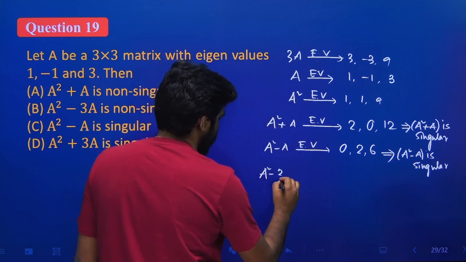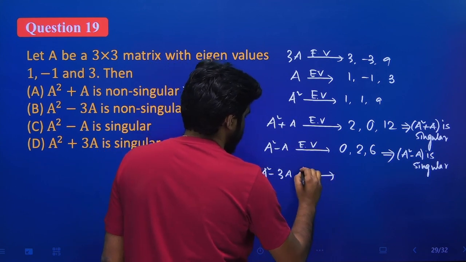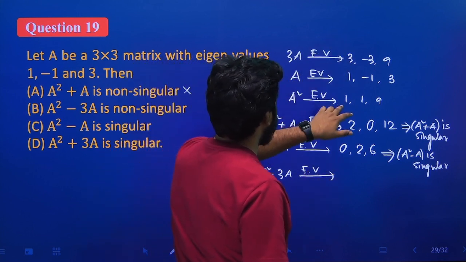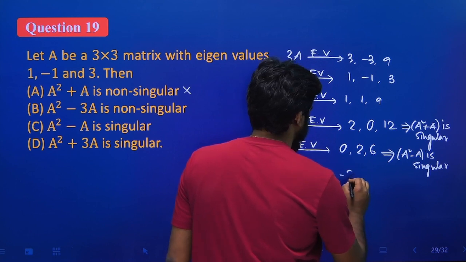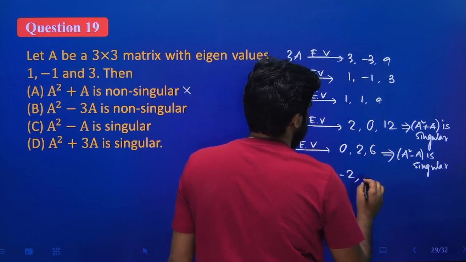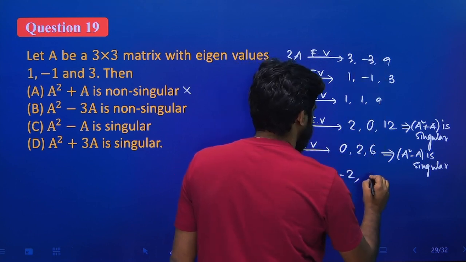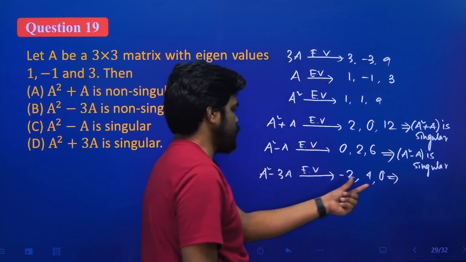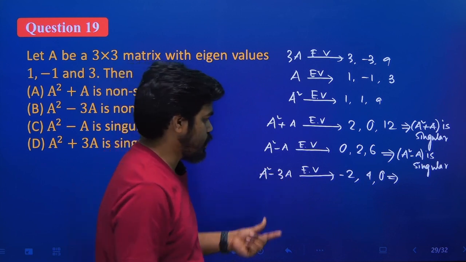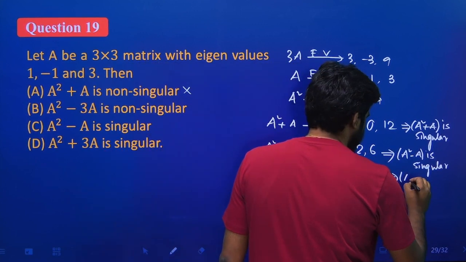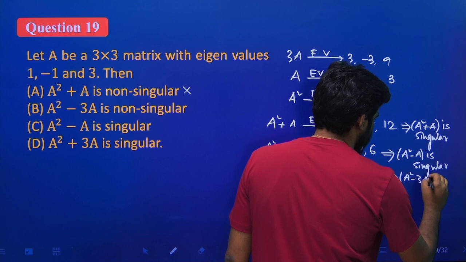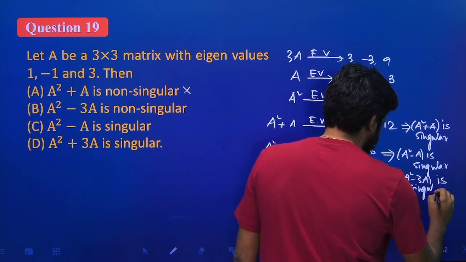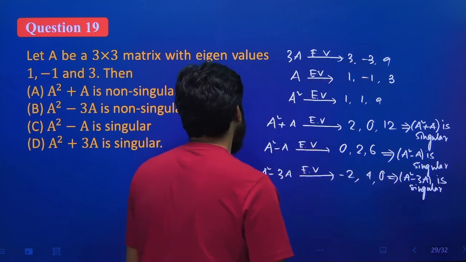The eigenvalues of A square minus 3A, that is 1 minus 3, that is minus 2. 1 minus 3, that is plus 4. 9 minus 9, that is 0. So we see that 0 is an eigenvalue of A square minus 3A. So A square minus 3A is singular.